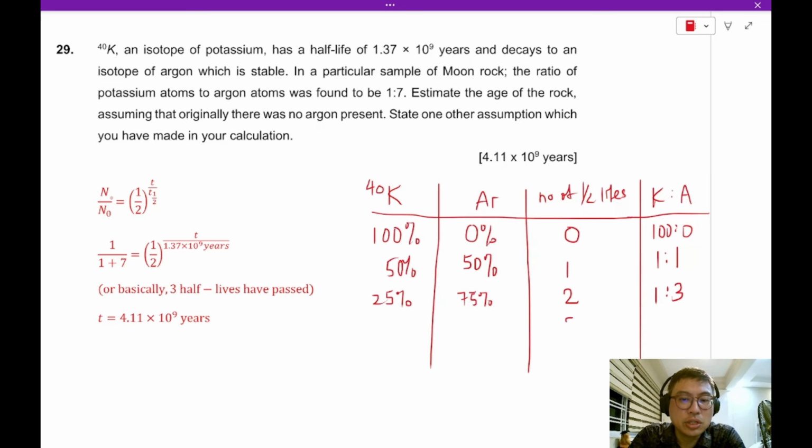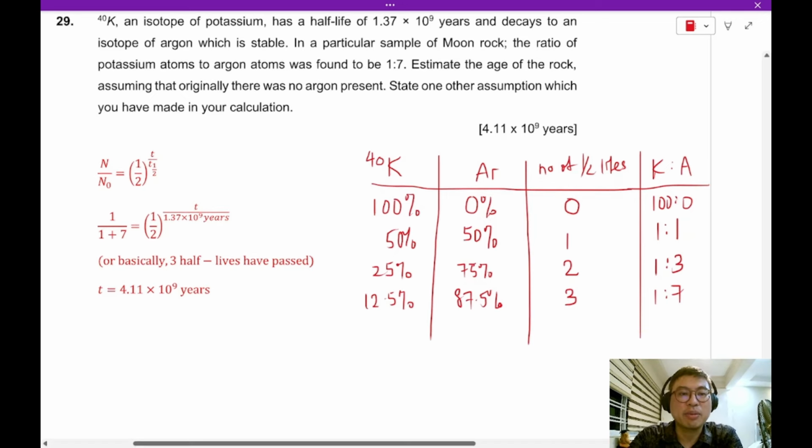Now after three half-lives have passed, it's 12.5% potassium and 87.5% argon. If you divide it through, you're going to get 1 to 7. So a 1 to 7 ratio of potassium to argon means that three half-lives have passed.